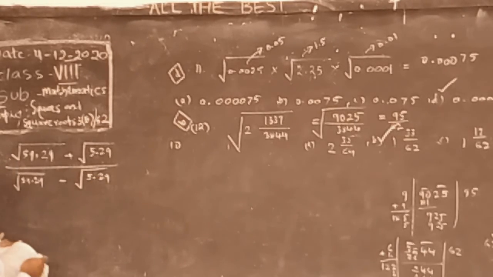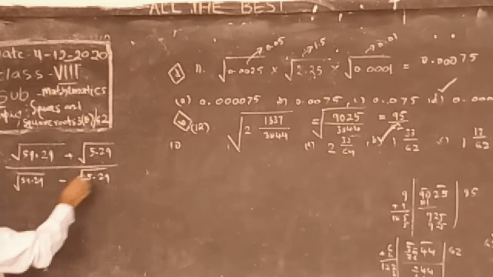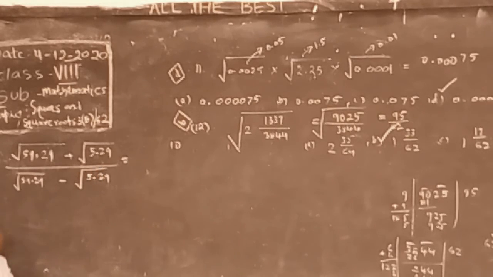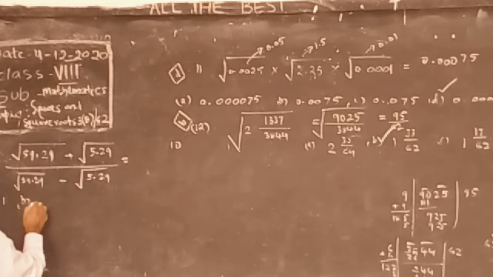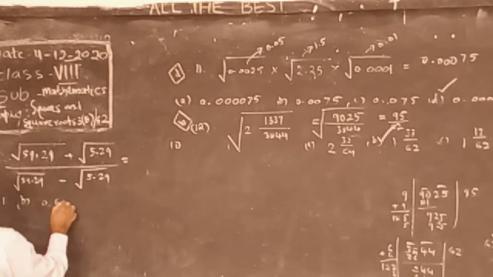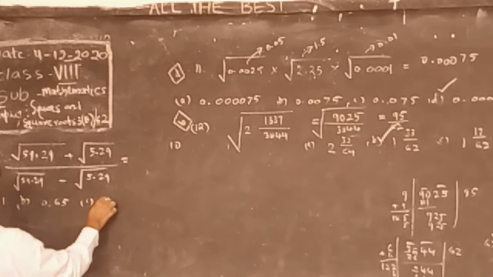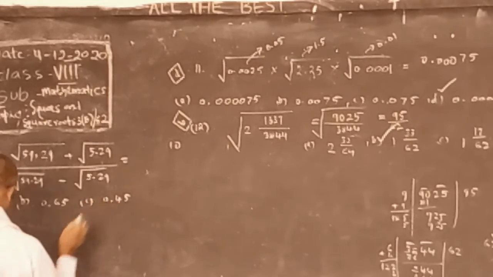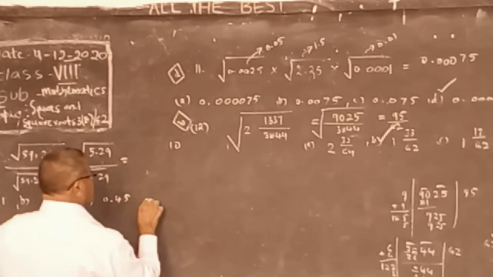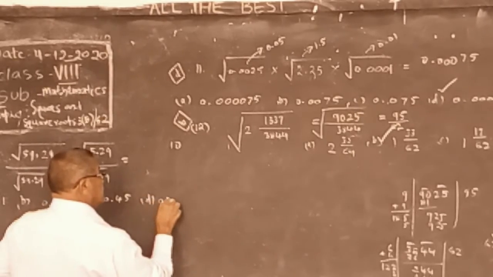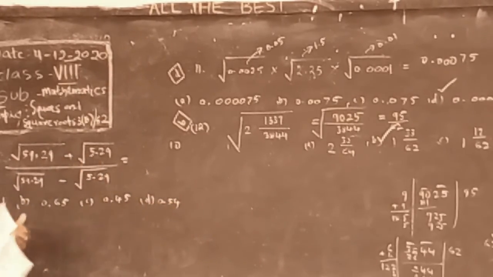Answers are given: A 1, B 0.65, C 0.45, D 0.5. Let us calculate the square roots and substitute the values. We get the answer.